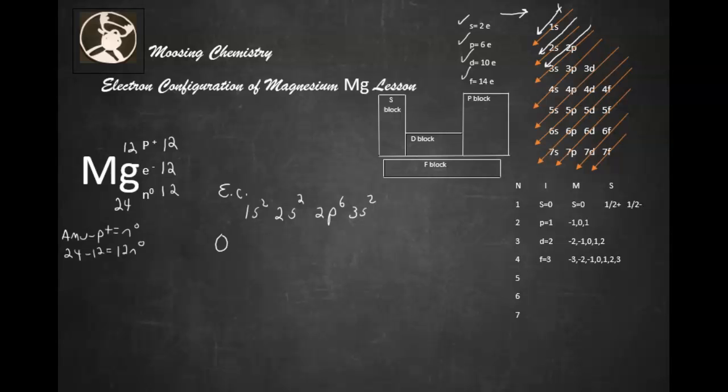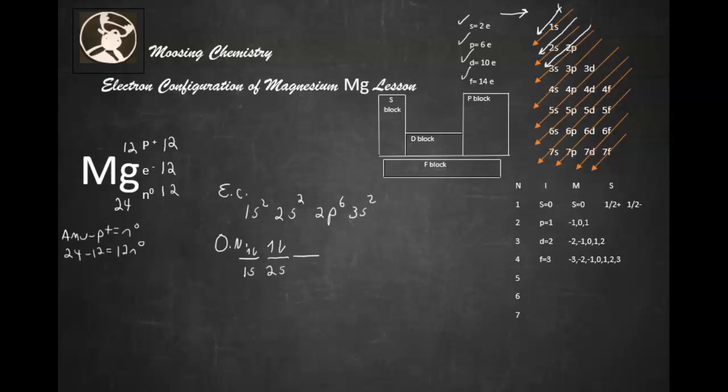Let's look at our orbital notation next, which is using Hund's rule. Remember that S only has 1 sub-level, P has 3 sub-levels, D has 5 sub-levels, and F has 7 sub-levels. Let's look at 1s first. Up arrow, down arrow. Okay, good job. Let's look at 2s. Up arrow, down arrow.